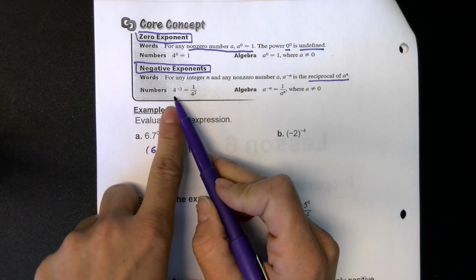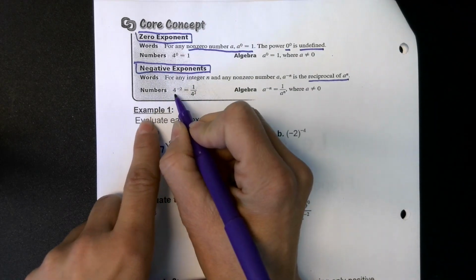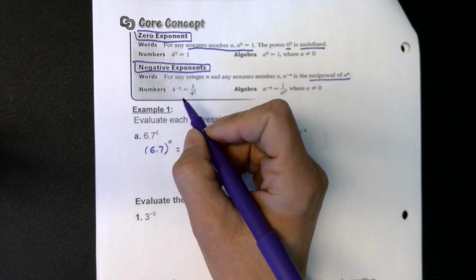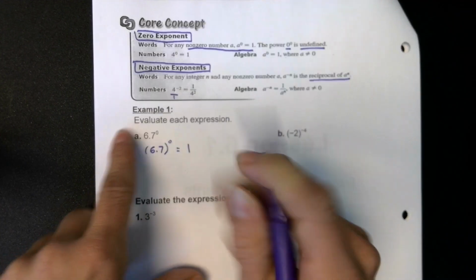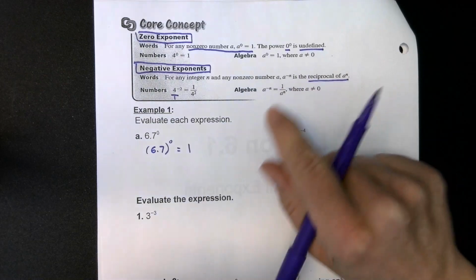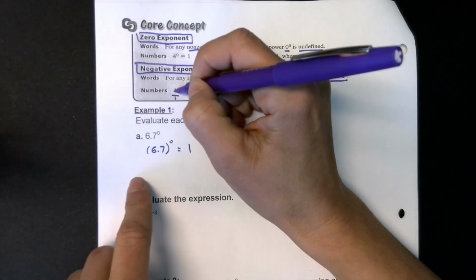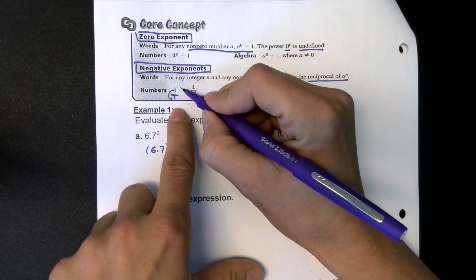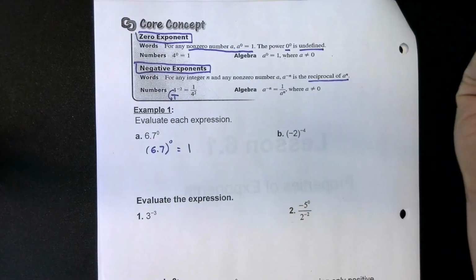If you have your number and you're raising it to a negative exponent, think about what 4 is as a fraction: 4 over 1, right? So it is the reciprocal. You almost flip it, so it's 1/4, or you move that 4 into the denominator, and by doing it, you now have a positive exponent.